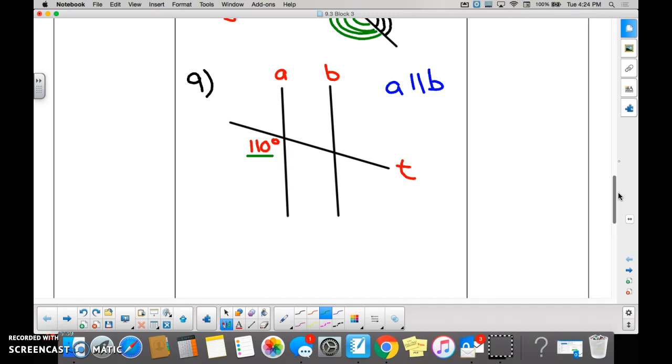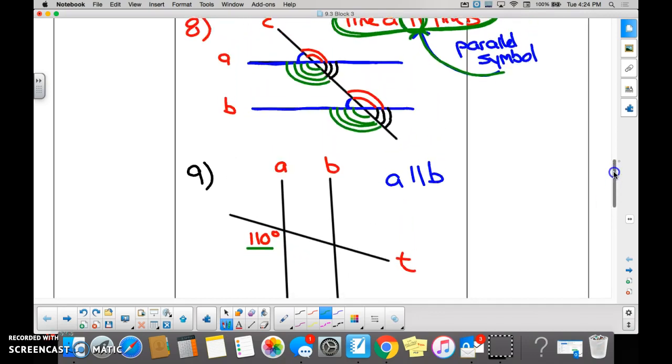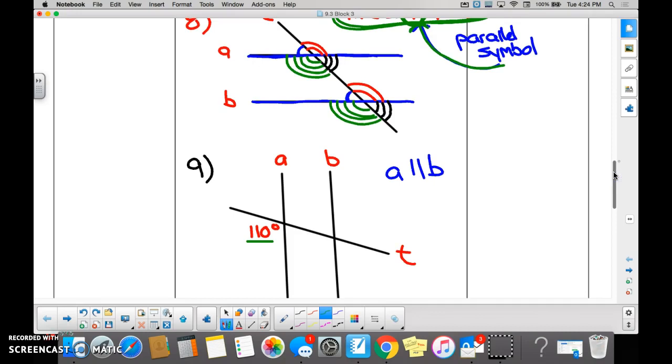You know that if we look up here, if we can find another angle in the exact same location on line B as what we have on line A, that one's also going to be 110 degrees. And check this out. We found a corresponding angle right here, and that's 110 degrees. You also know from earlier learning that opposite angles are called vertical angles and they're congruent.